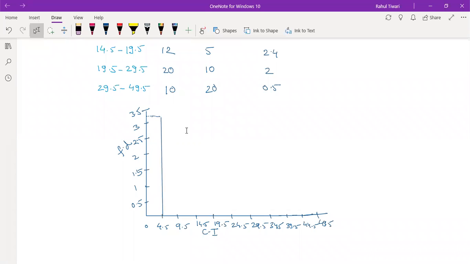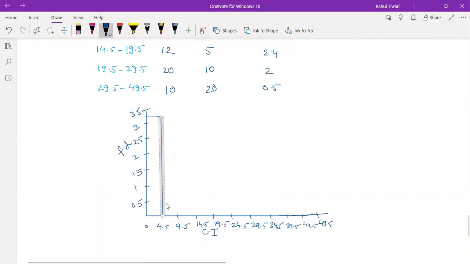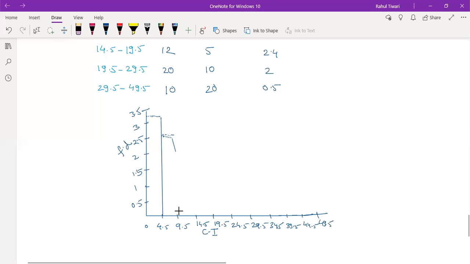Right. So this is your first bar. Then 2.5, approximate here, and the next interval is like this. So again, I can draw the bar. So you may go to the bar and you can draw the bar.